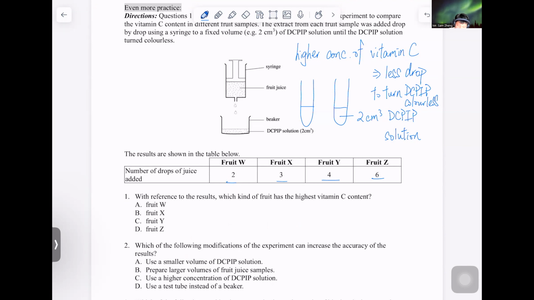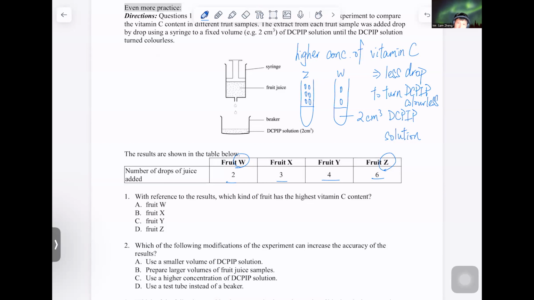In this case, maybe I use W and Z as an example. Then W, okay, we add 2 drops. Then in this case, it decolorized. While Z, we add 6 drops. Then in this case, can you tell me which one has a higher concentration?